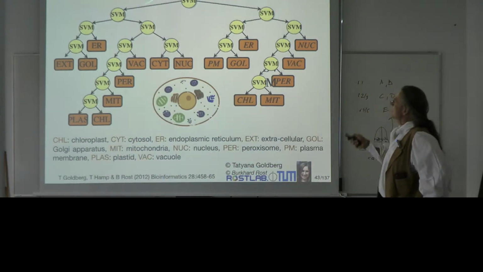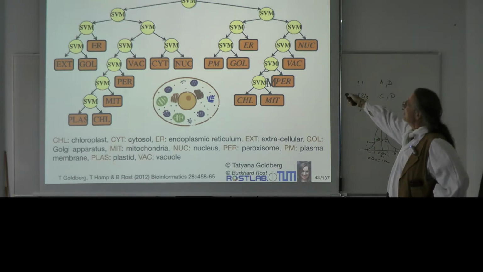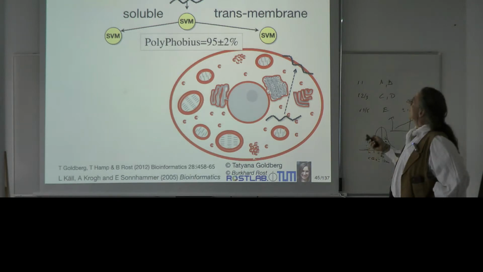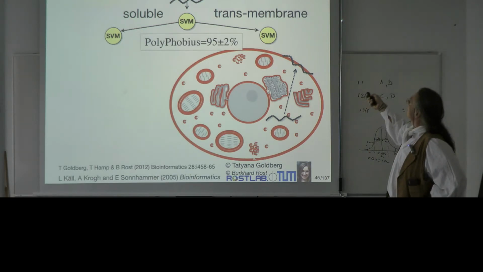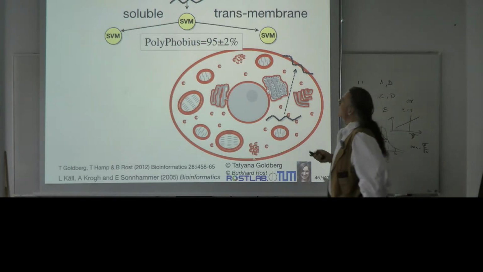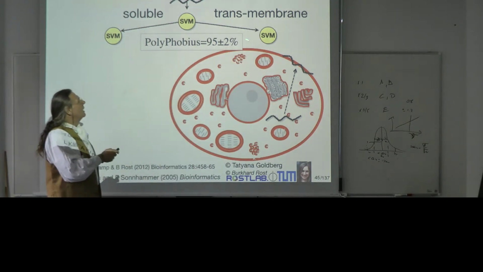Well, again, we have this hierarchy where we go into the path of non-membrane and membrane, and then increasing levels of detail. For instance, the first decision is soluble versus transmembrane. Now, that decision here for our method has 94%, and we compare it to the best available specialist alternative, PolyPhobius.